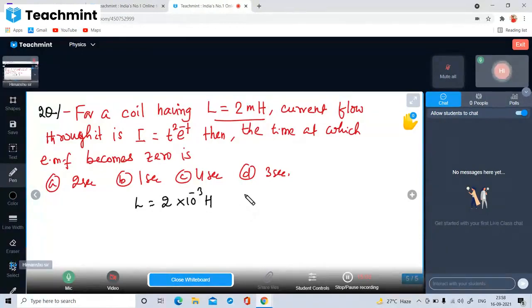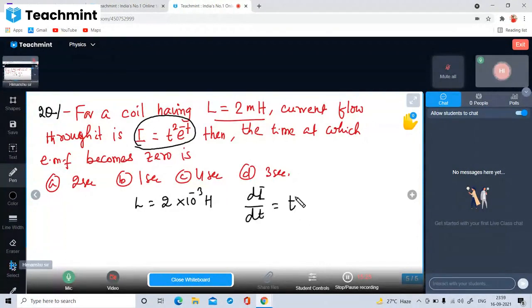Okay. So I is a time dependent variable, so here we have to do the derivative, that means dI by dt. So let's do it first. As there are two functions, one is an algebraic function and another is an exponential function, you can consider the product rule.